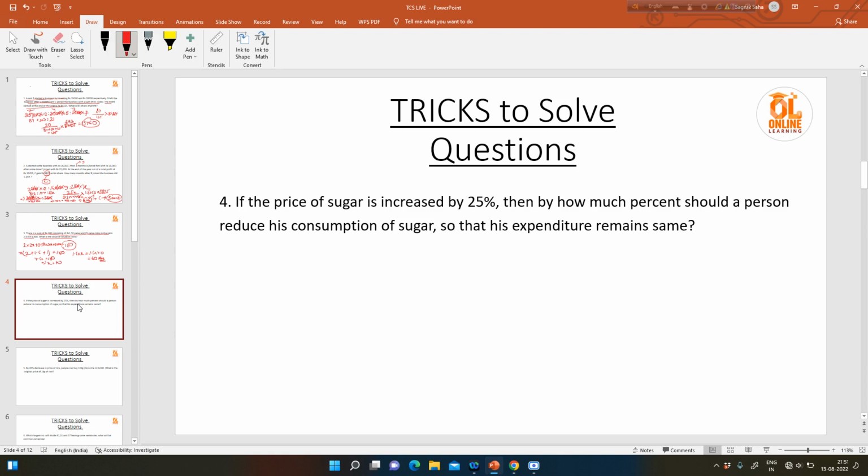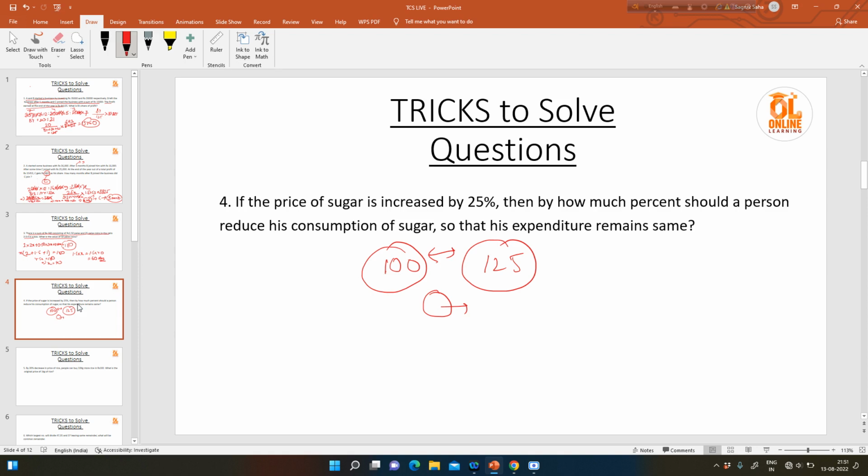It is given the price of sugar is increased by 25%. So suppose the price of sugar initially was 100. Now the price has increased to 125. So we find what percent of 125 is 100, and if the person reduces the consumption by that percent only, then the expenditure will remain the same.